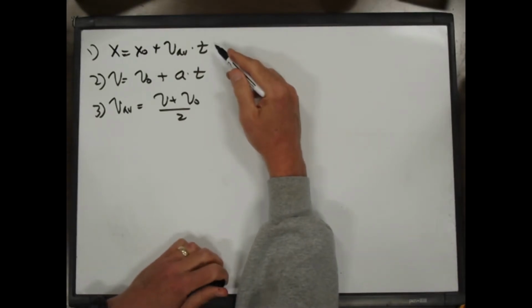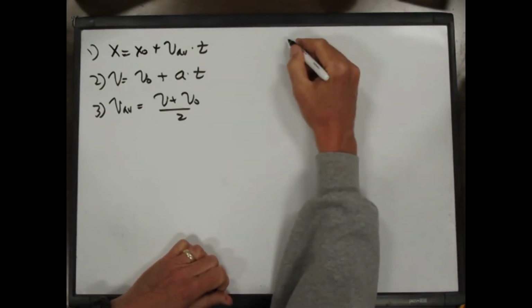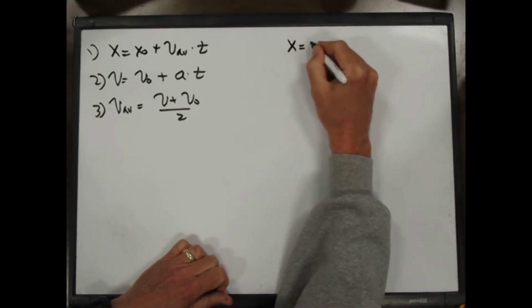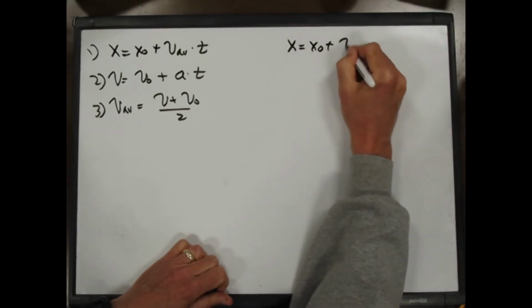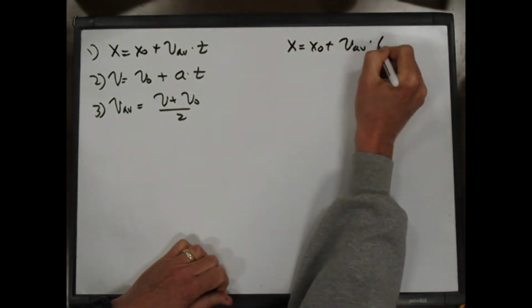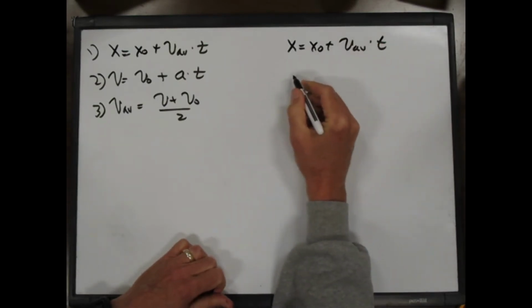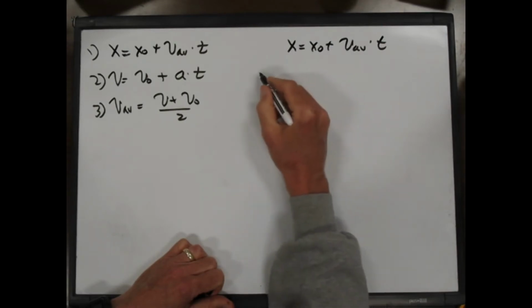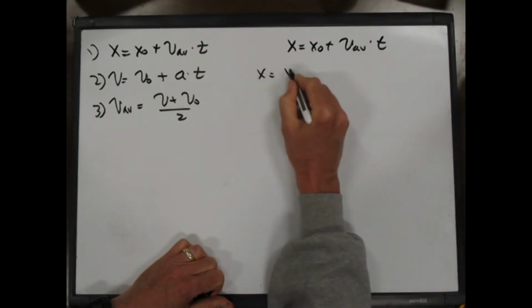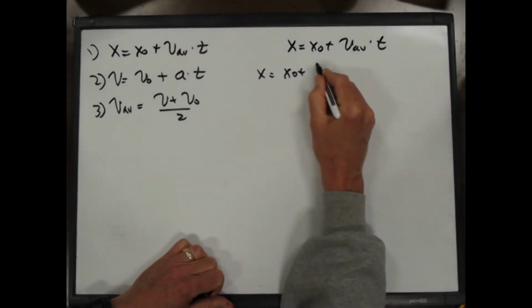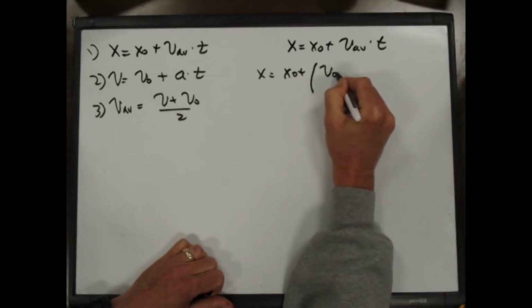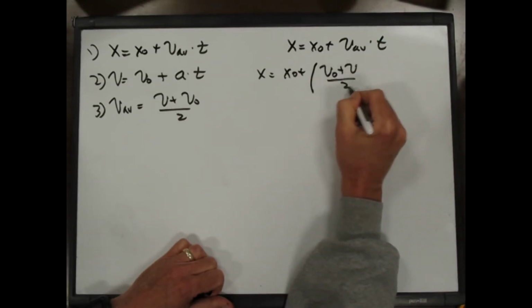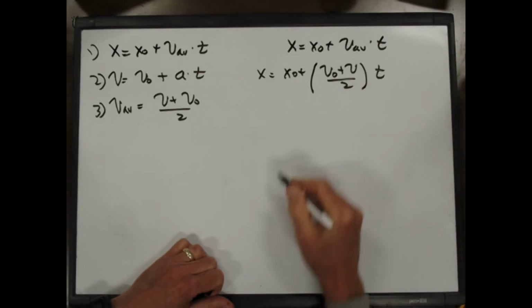time here. And so I'm going to start with this equation, x equals x naught plus v average times time. And then I'm going to substitute in this guy for v average. And so I'm going to write that as x equals x naught plus v naught plus v divided by 2 times time.